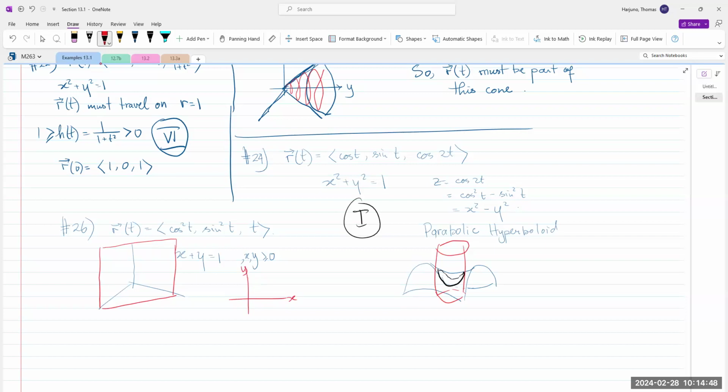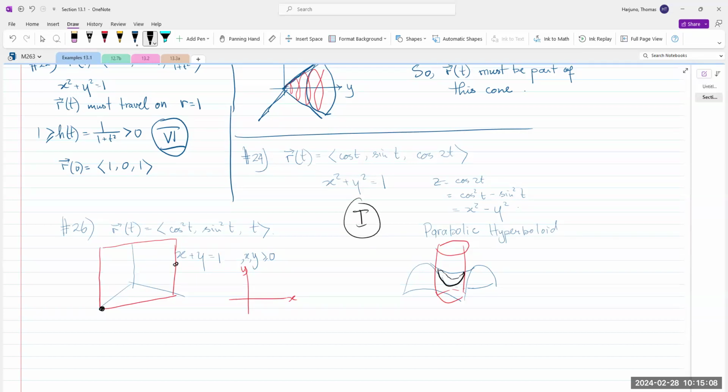Okay, and then when t equals 0, there will be (1, 0, 0). This is the coordinate. And then when c is equal to pi over 2, there will be (0, 1, pi over 2).